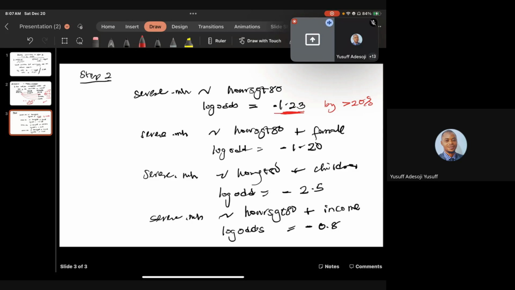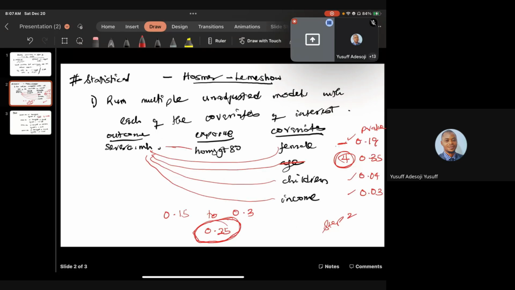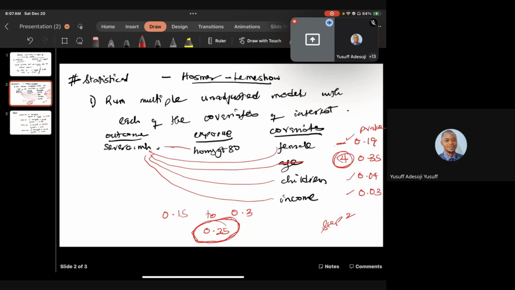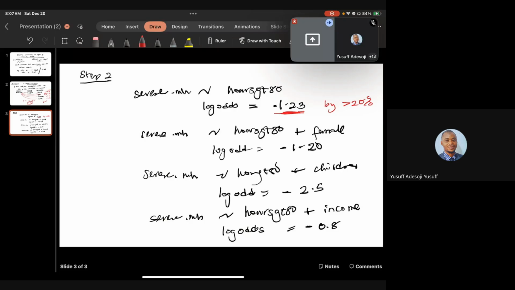So in step one, we looked at the values where the outcomes are related to the exposure, and anything less than 0.25, we would consider for this next step.